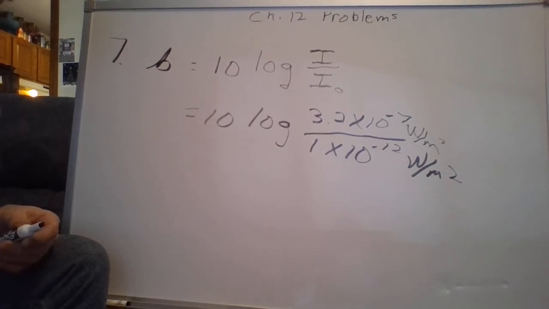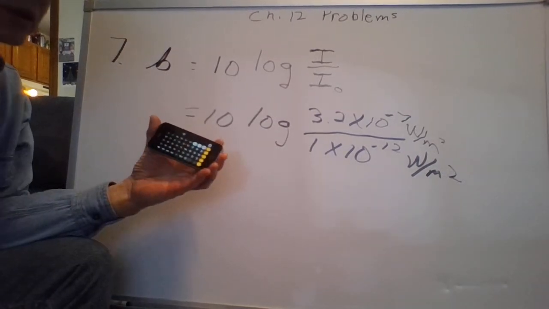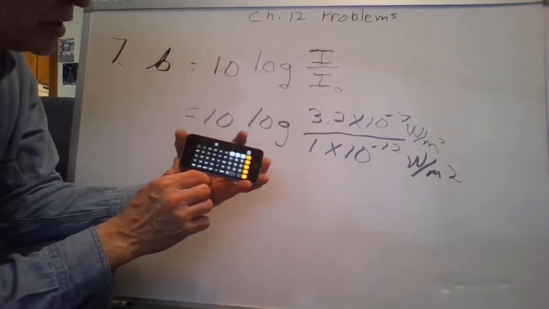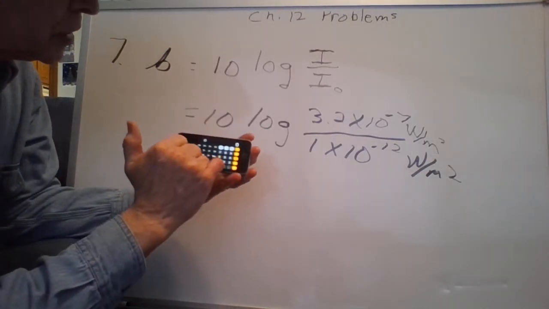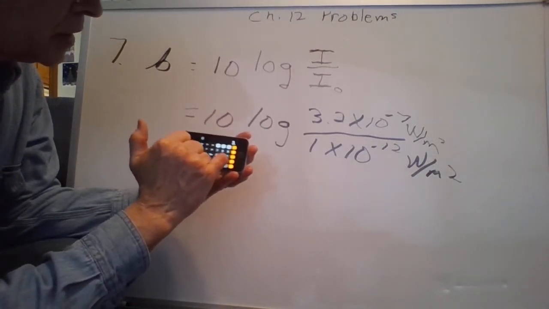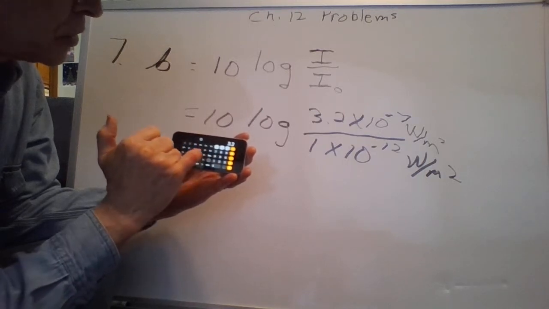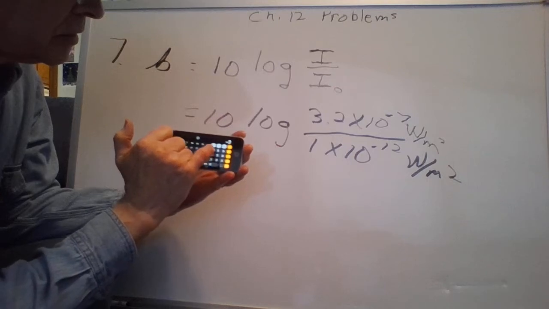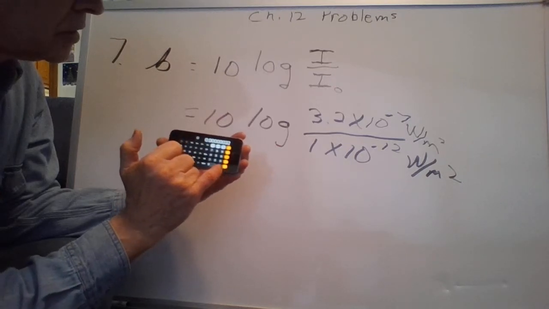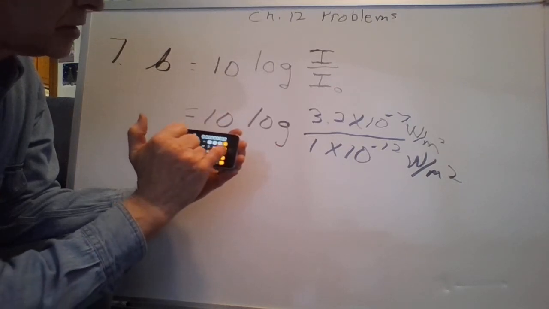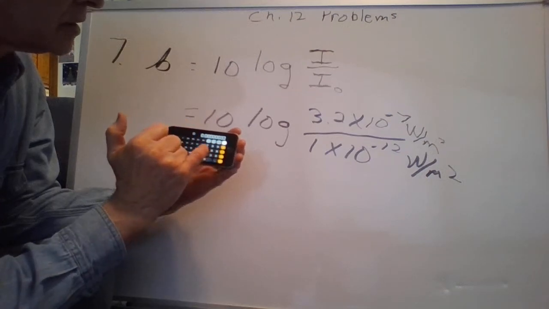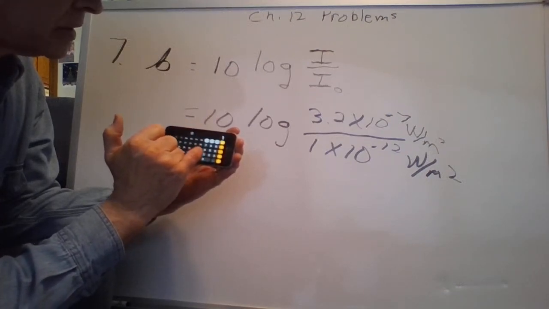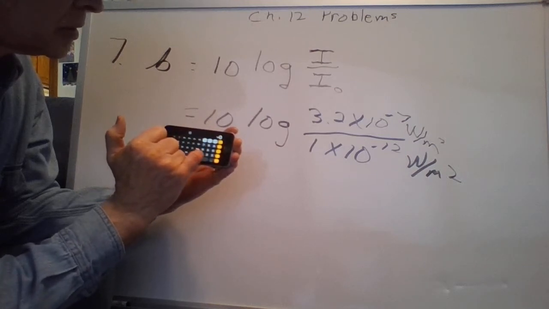Let me go find mine. Here we are. I know you probably can't see this display, but we would put in 3.2, enter exponent, -7, equals that tiny number, and then we would divide that by 1, enter exponent, -12.